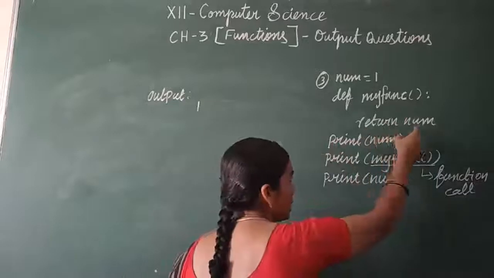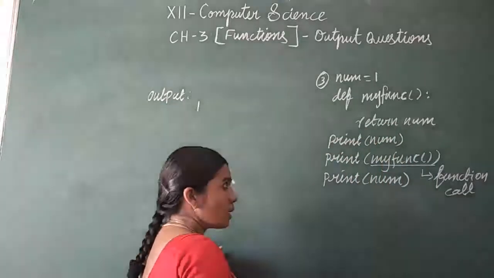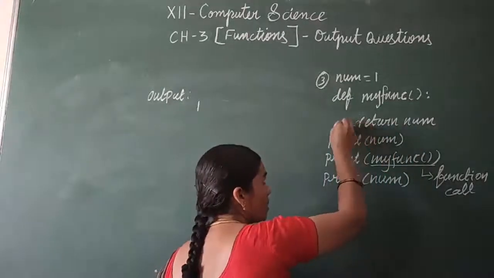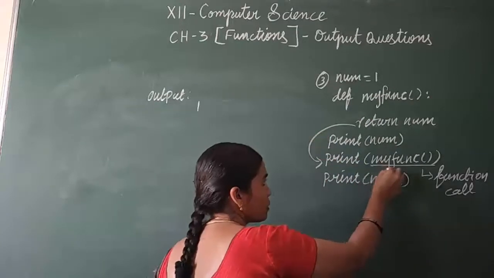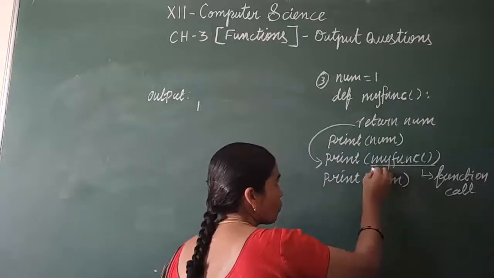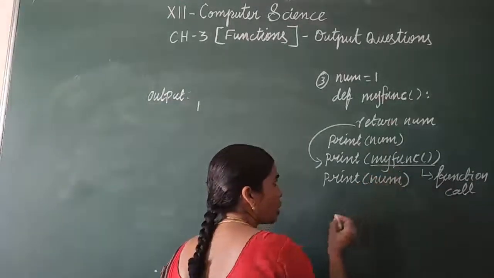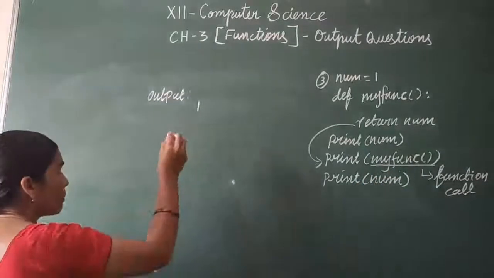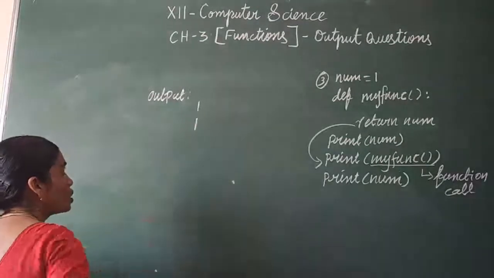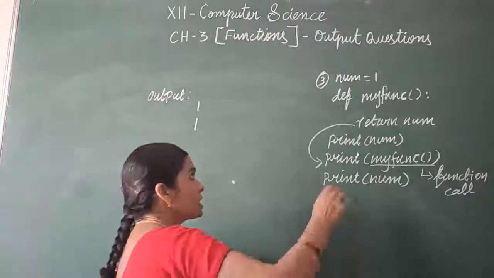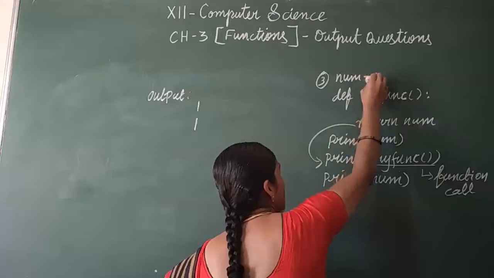Return num means the num value is passed to this function call. So what value will it take? It takes the value 1, because the global variable num is equal to 1.